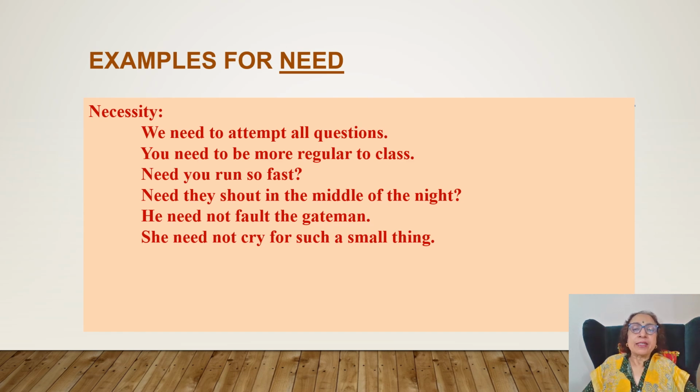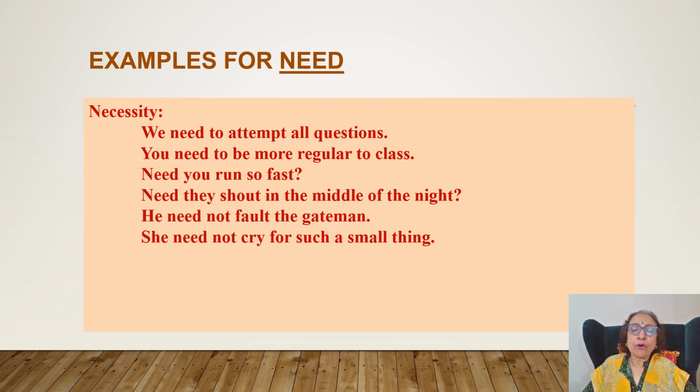We need to attempt all questions. To attempt is the verb, need. Need takes the form to also. You need to be more regular to class. Then need you run so fast? Run again is there. Need they shout in the middle of the night?